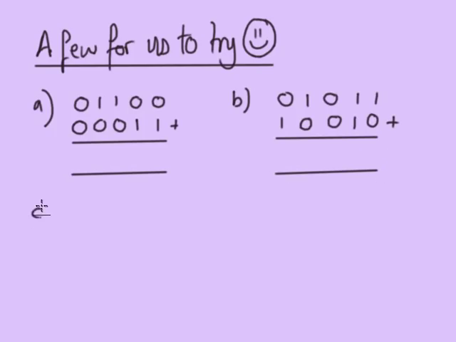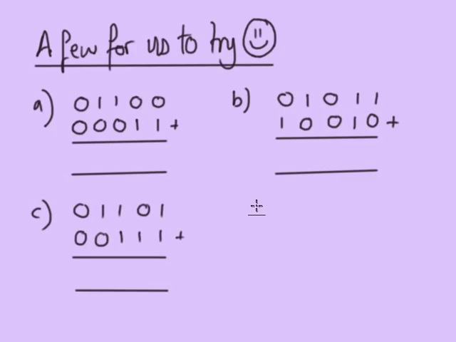Let's do another one. Let's give you 4 to do. 0, 1, 1, 0, 1, 0, 0, 1, 1, 1. Add those together. And then D, last one, 0, 1, 0, 1, 1, and the second number is 0, 1, 1, 1, 1.